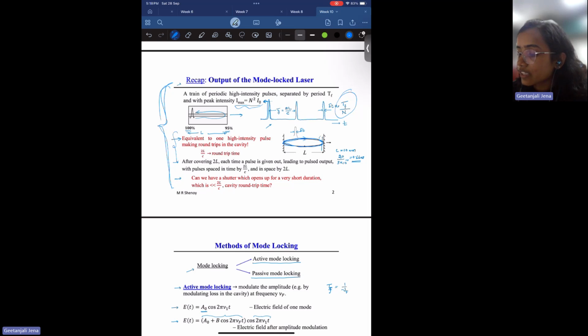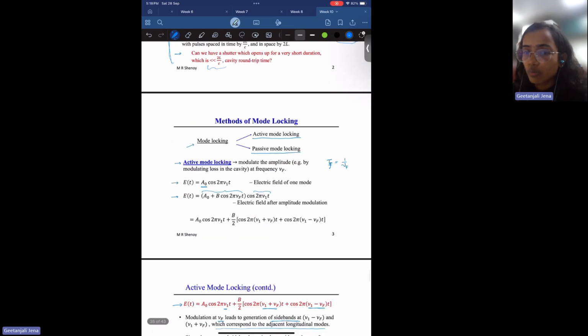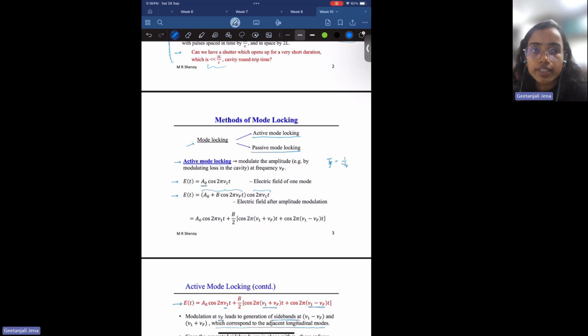So to filter out this high intensity pulse during this round trip, you want a shutter which opens during a time interval much less than 2L by C. If you take an example of L equal to 10 centimeter, you can see how small this time is, how small the opening time of the shutter will be to filter out this high intensity pulse during the round trip. For that, we can approach two methods.